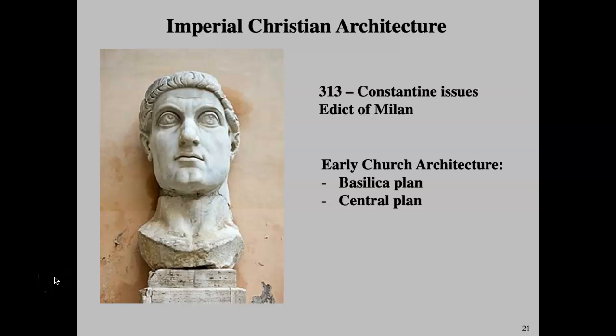We see in the early architecture for churches two types of plan that were already in use in the Roman Empire. The first is the basilica plan, which is basically a rectangular plan. And the second is a central plan, which, as you can imagine, is circular and sort of based on the Pantheon.